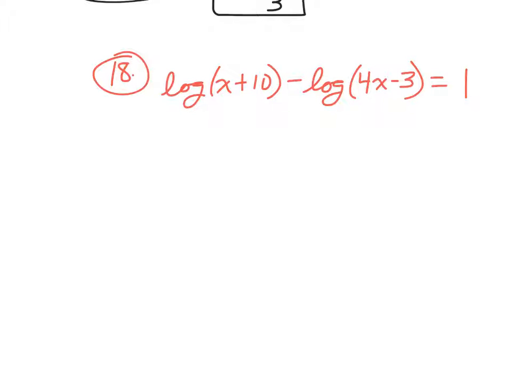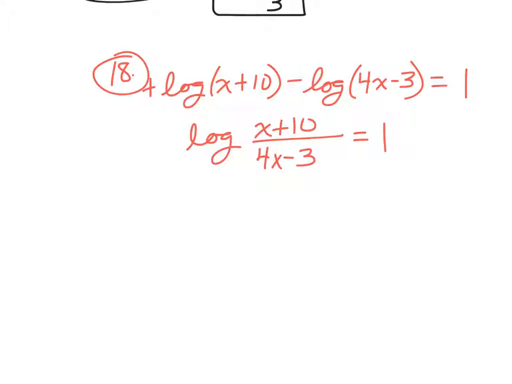It's logarithmic, so we want to write each side as one log, and right now I've got 2 logs over here on the left. So when I write it as 1, x plus 10 comes from a positive log, so it's going to go in the numerator. 4x minus 3 comes from a negative log, so it's going to go in the denominator. Okay, so we wrote each side as one log, at least the side that we could.